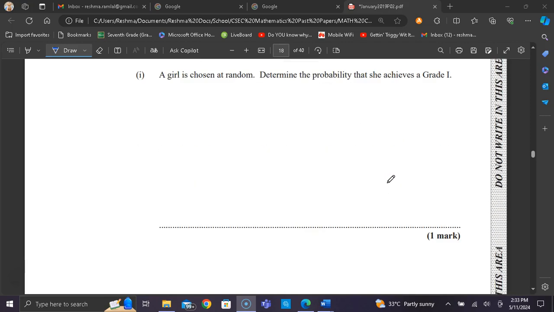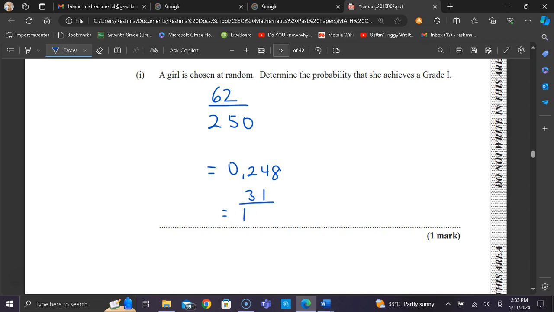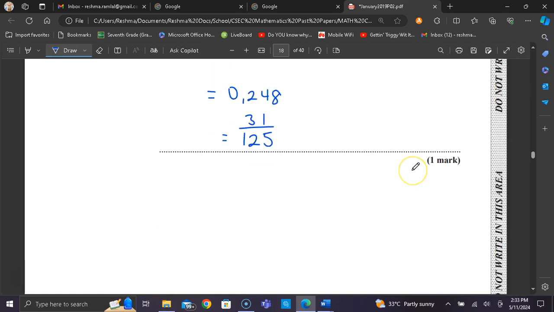So the probability will be 62 divided by 250. So using our calculator, if we just divide that, we will get 0.248 as a decimal. And if we want to express it as a fraction, it will be 31 over 125. Okay, so that's for 1 mark.